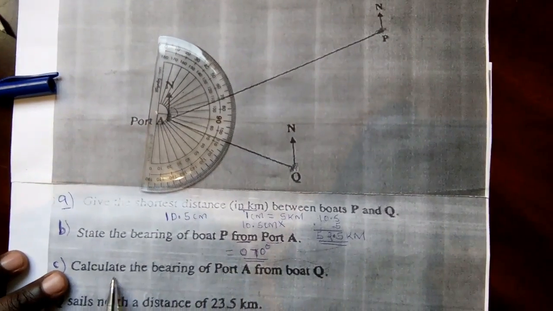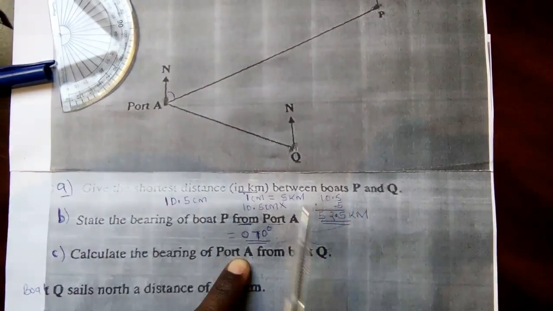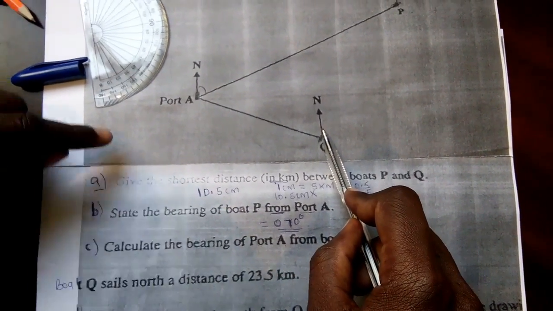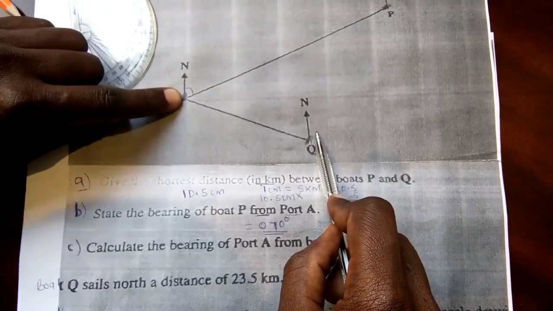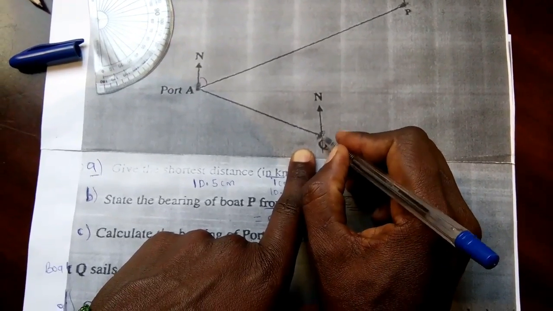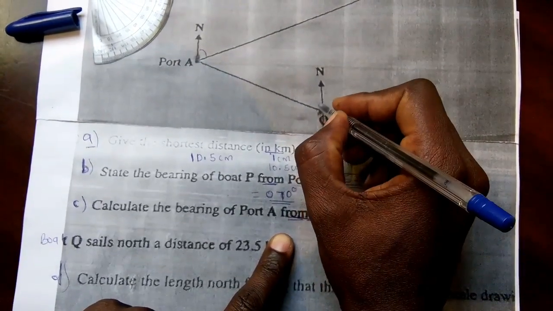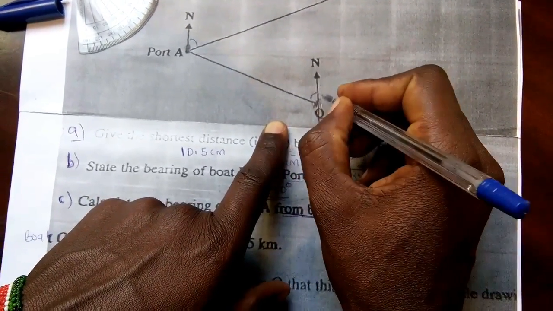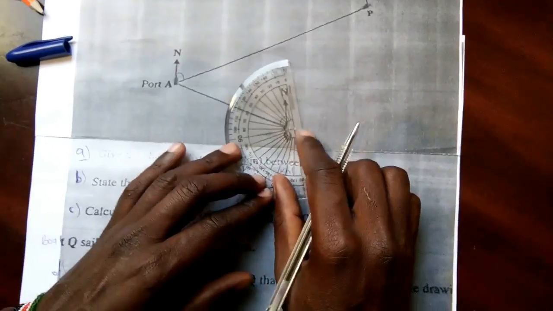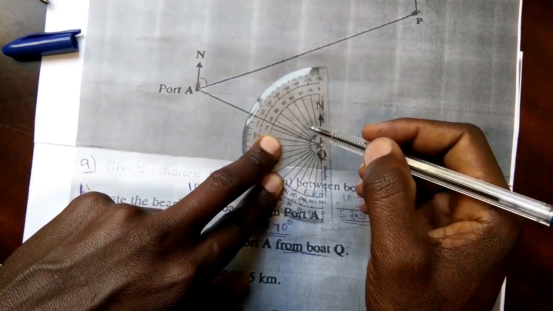The next question is to calculate the bearing of point A from point Q. For this one, we need to get the bearing of this point using the same protractor. We can draw a straight line here. What we need to see is from this point Q, we can get this angle, and then we subtract it from 360. Using the protractor, the angle here is how many degrees?